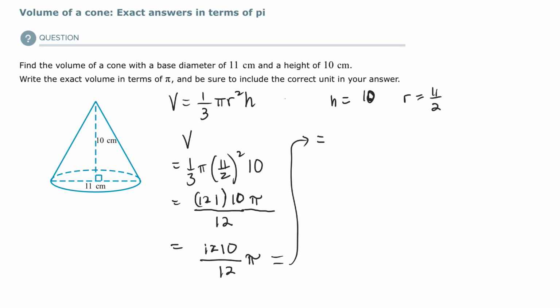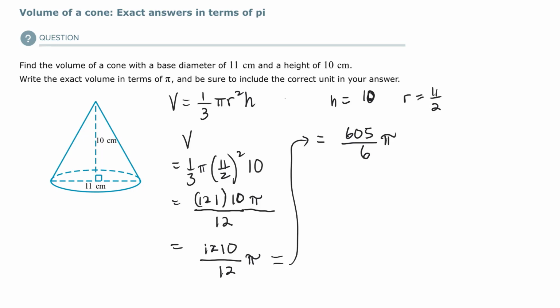You could certainly simplify that even more. I guess we could divide by, try 2. So we have 605. I take that back. No, that's right, 605. 605 would do it, and then over 6. Yeah. Times pi. There we go. We just need exact answers.